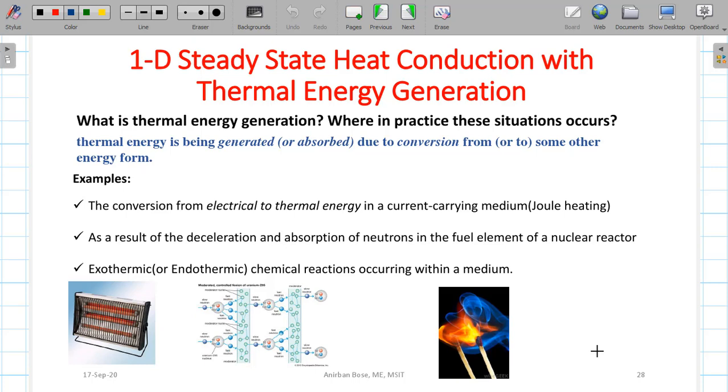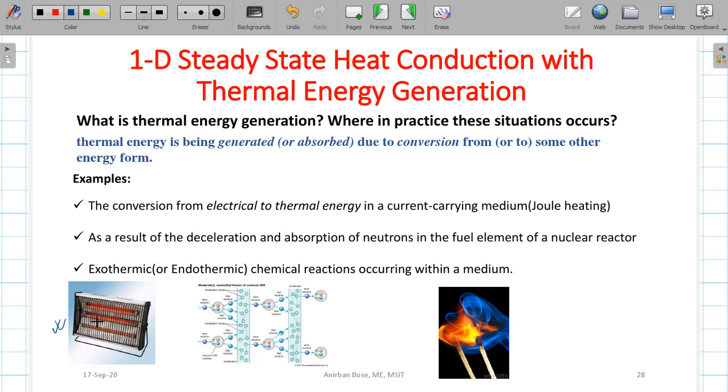So these are the situations where within the system some heat energy may be either generated or absorbed. So it is very much practical. Some of the examples you can see here. The first example is electrical energy, which is simply Joule heating.